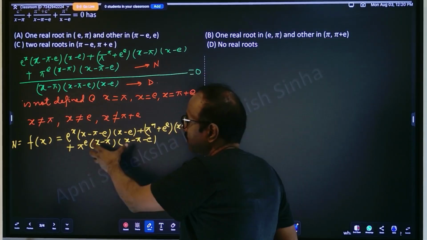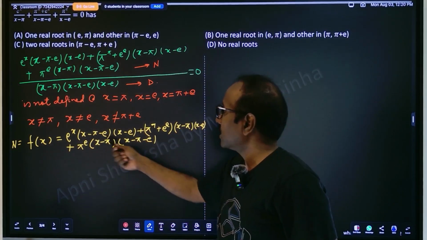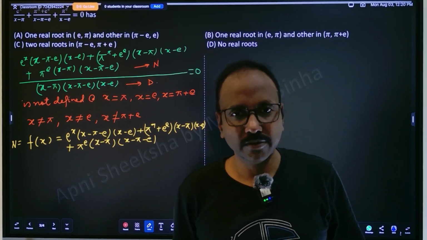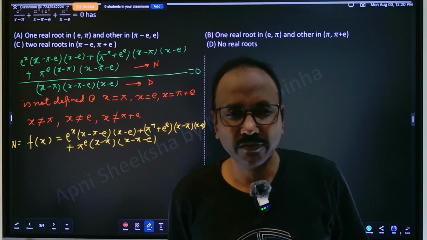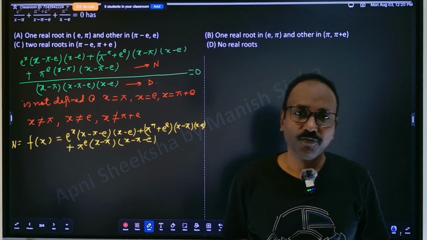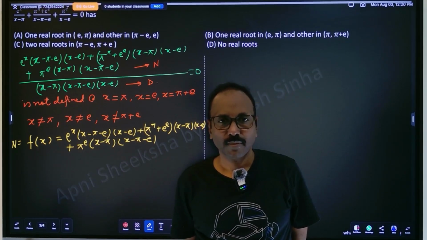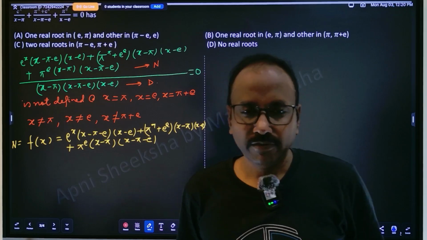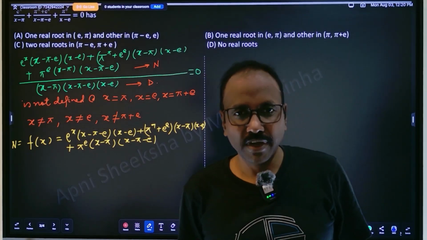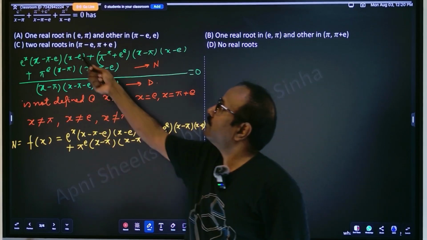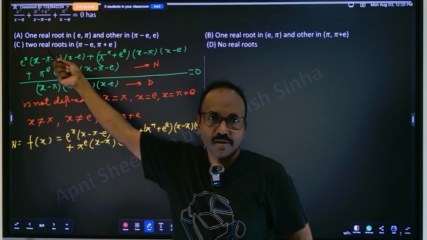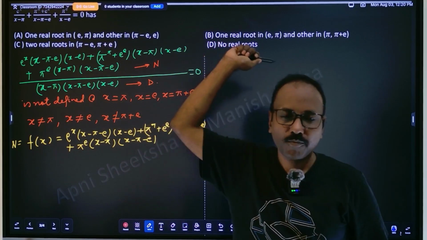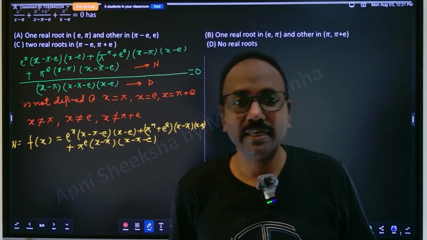But can we solve it? Because it is not a quadratic equation, it is not simple to solve. So what approach should we go for? Can we go for a graphical way to solve it? Because you only have to find the real roots in the domain of x, not exactly the roots.